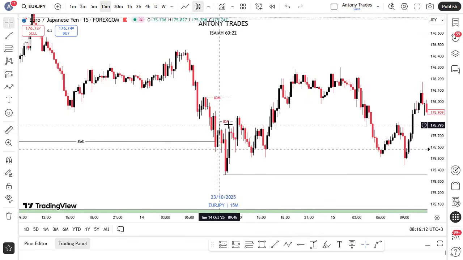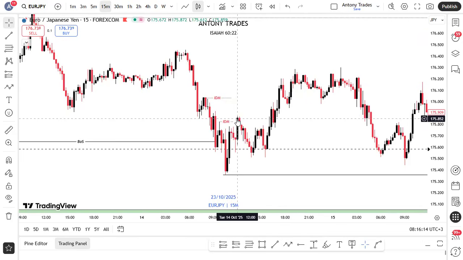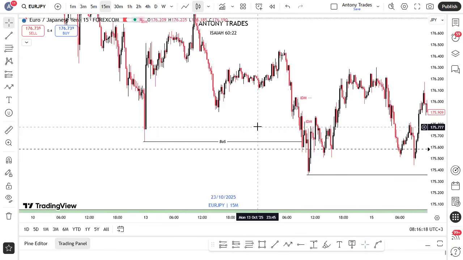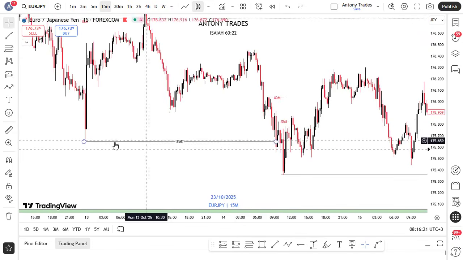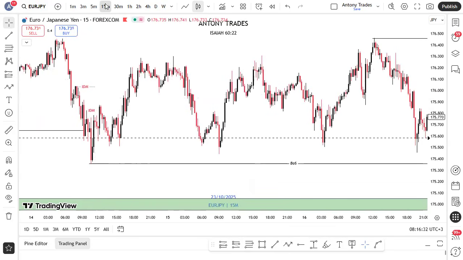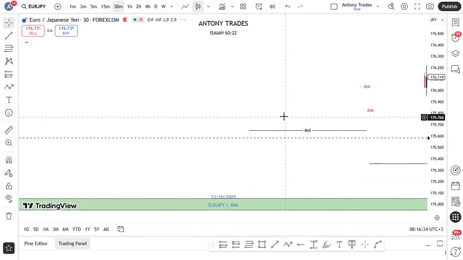Then all of a sudden, you get taken out. What mistake did this trader make? The market took out the external structure. So that means whatever was inside here became the liquidity.